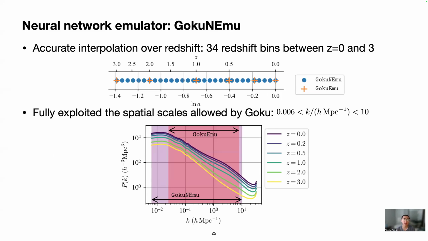It has accurate interpolation over redshift, because we have now included 34 redshift bands between redshift 0 and 3. And it has fully exploited the spatial scales allowed by Goku. From the plot below, we see that GokuNEmu has a wider k-range.